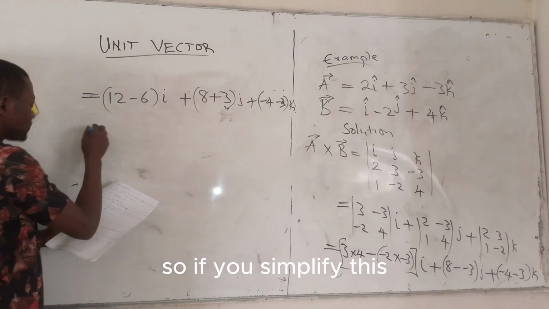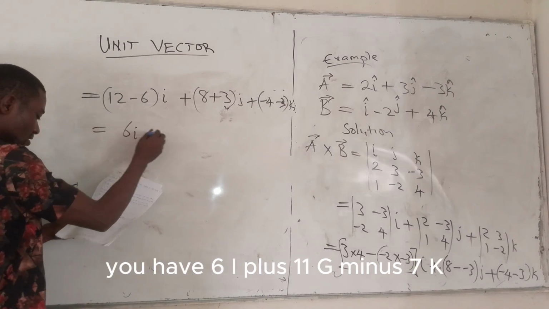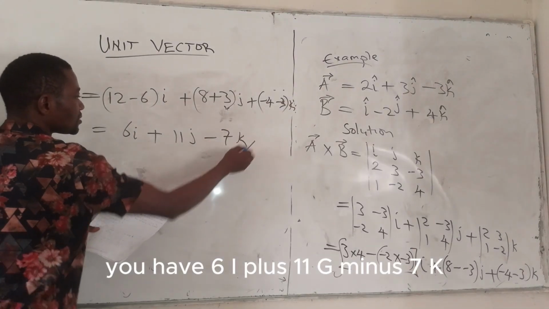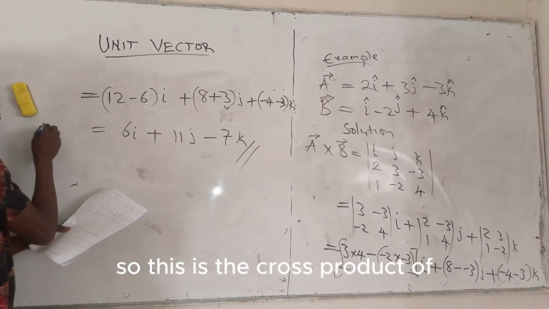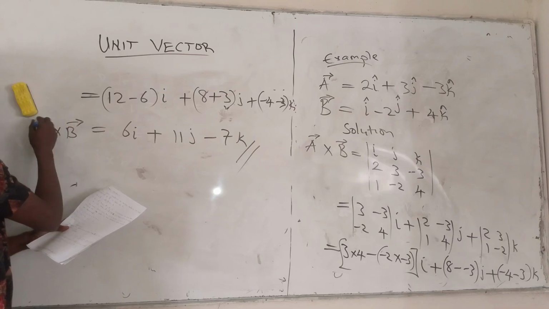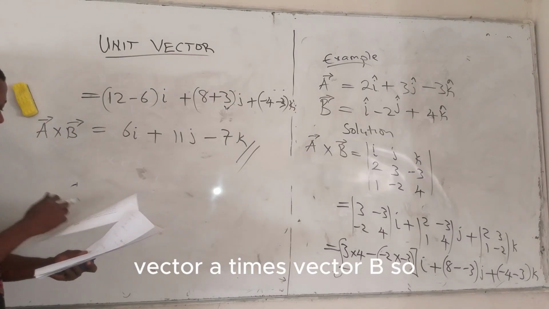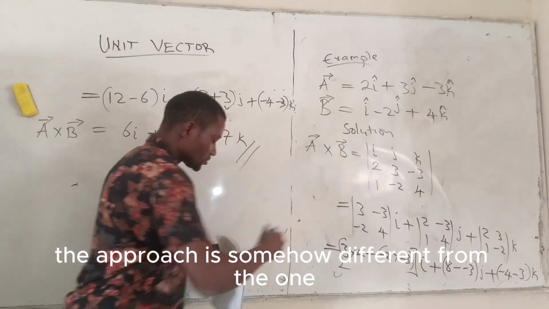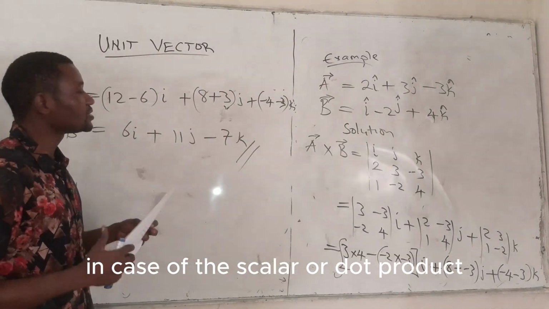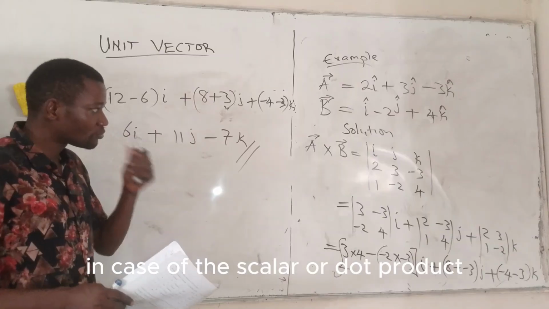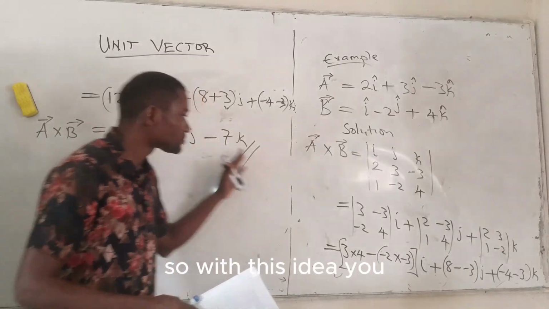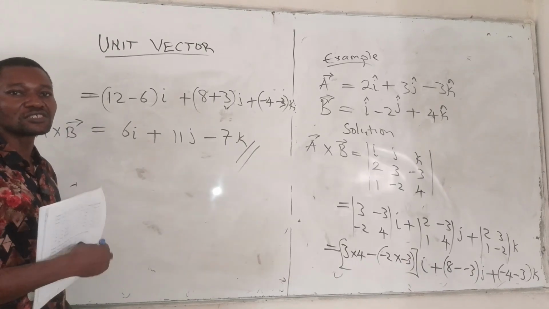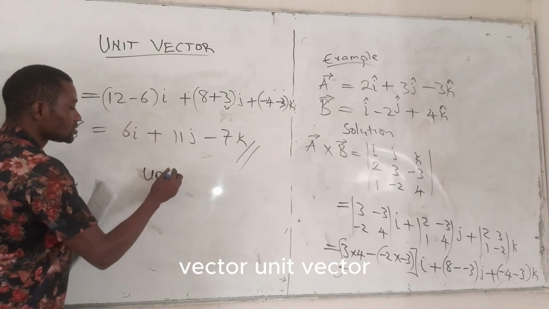So if you simplify this, you have 6I plus 11J minus 7K. So this is the cross product of vector A times vector B. So the approach is somewhat different from the one in the case of the scalar or dot product. So with this, you have an idea about unit vectors.